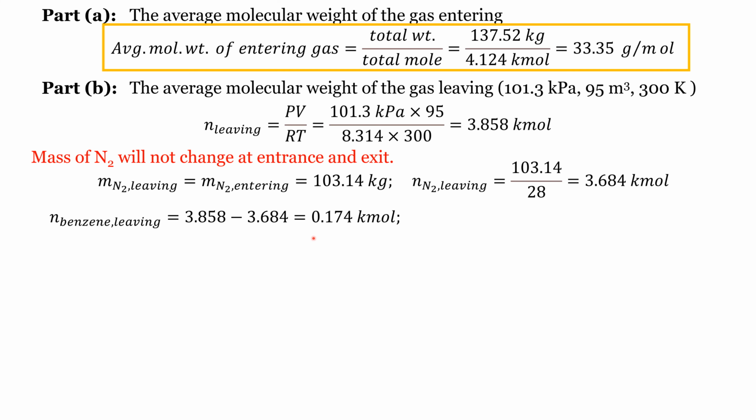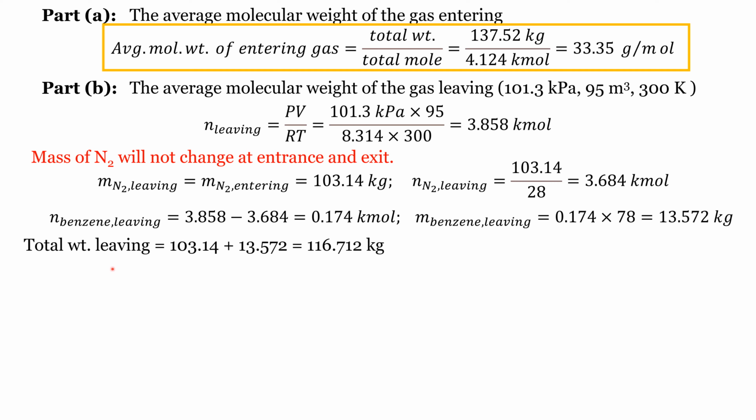So moles of benzene leaving will come out as 0.174 kilomole. So we can easily estimate the mass of benzene. So mass of benzene will come out as moles of benzene, that is 0.174, into its molecular weight.